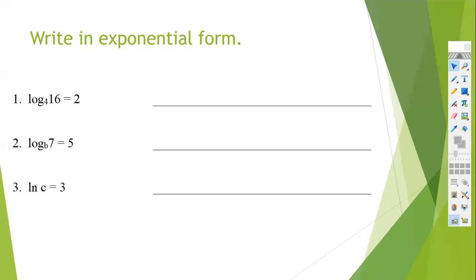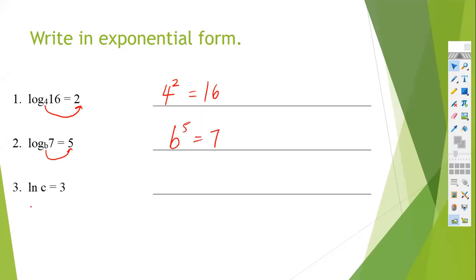All right, so on the first one, again, your base to your output. What was my output? Oh, that's 2. My base is 4. Base 4 to the output 2 equals my argument, which is 16. That is very true. So 4 is the base, 2 is the output. Next, my base to my output 5 equals my argument 7.